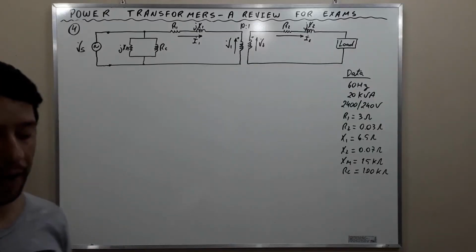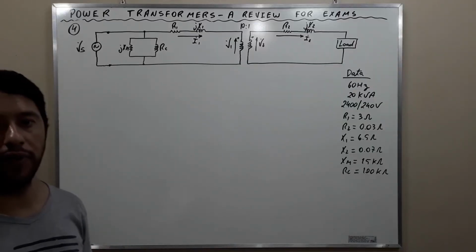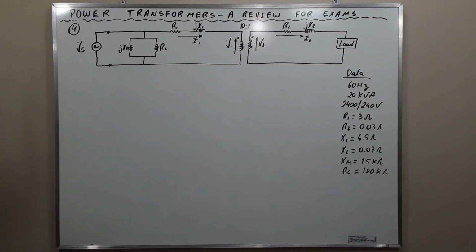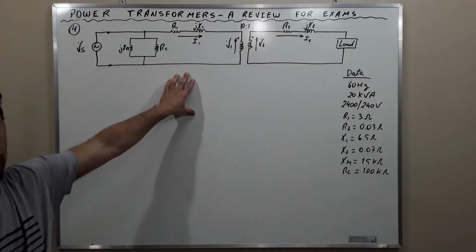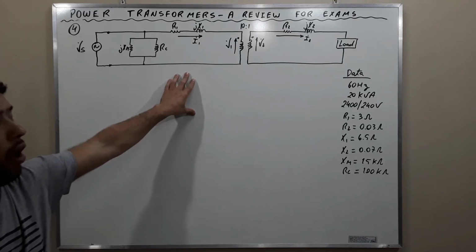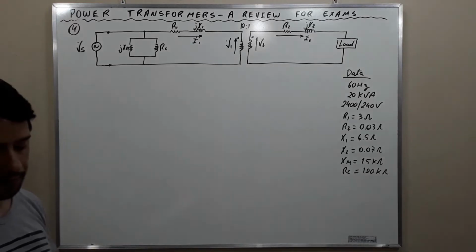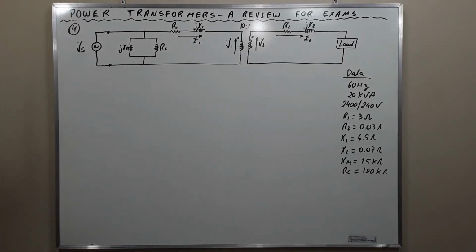Exercise number 4 now. Find the percentage regulation and efficiency for the following transformer. This is a real transformer. We are taking into consideration the losses in the machine, when a load having a lagging power factor of 0.8 is connected to the output terminals of the transformer.